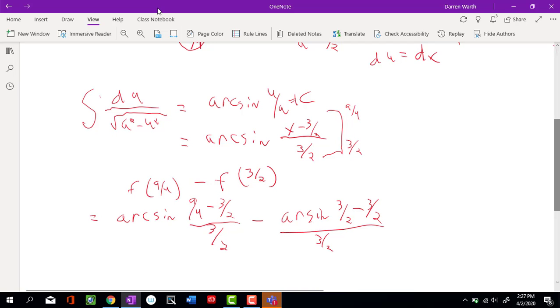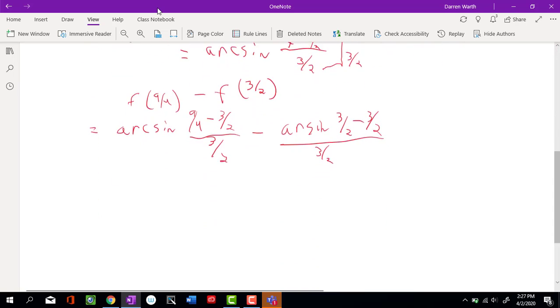So when I simplify this down, that's going to give me the arc sine of 9/4 minus 3/2. Well, 3/2 is 6/4, and 9/4 minus 6/4 is 3/4, so that's going to flip and multiply, giving the arc sine of 1/2 minus the arc sine of 0.